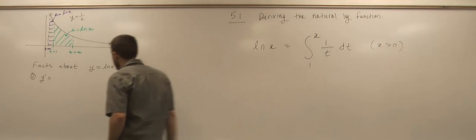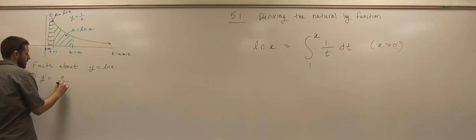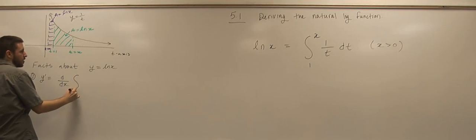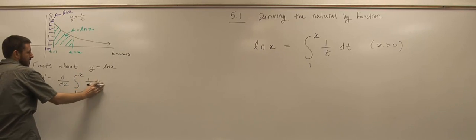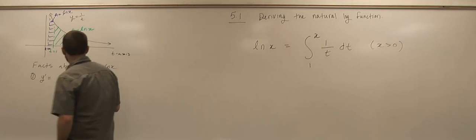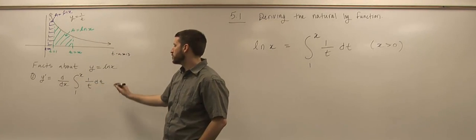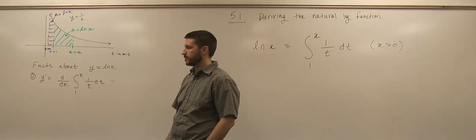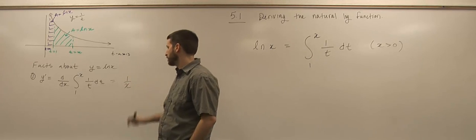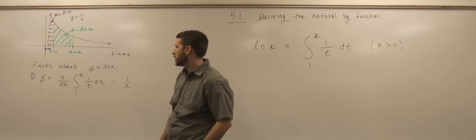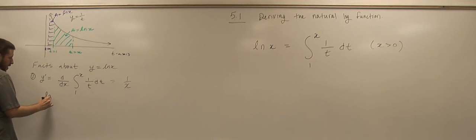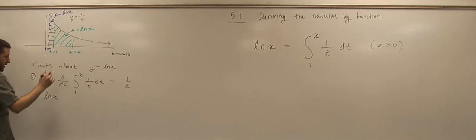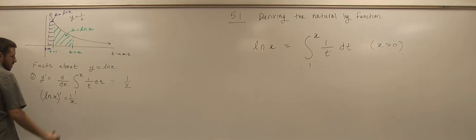So if you take the derivative d dx of an integral, this was what our second fundamental theorem of calculus allowed us to do. Right? When you take the derivative of an integral, you just plug in the top limit. So the derivative of ln x is 1 over x. That, if you remember nothing else from everything I put on the board today, you should remember that.